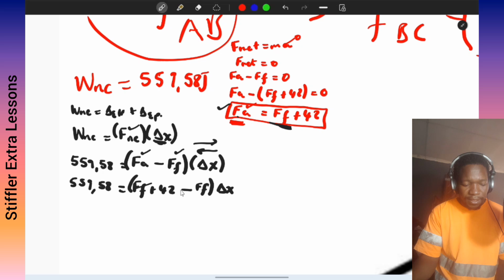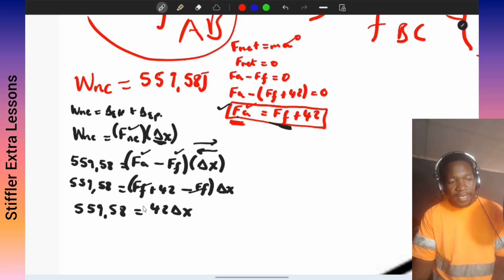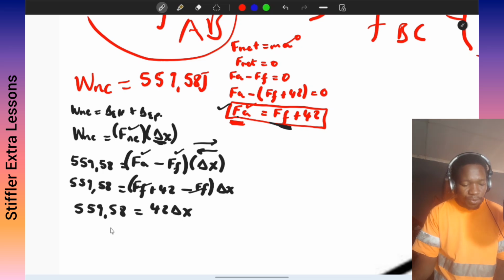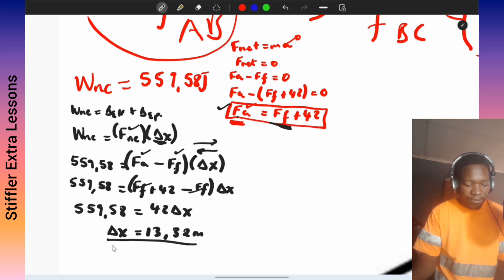So frictional force and frictional force cancel because they are subtracting each other. 559.58 becomes 42 multiplied by the displacement. Now we can divide both sides by 42, which means that our displacement becomes 13.32 meters. So our displacement from A to B is that.